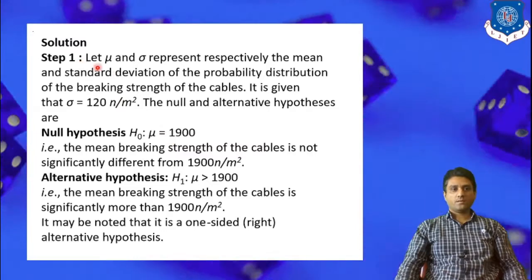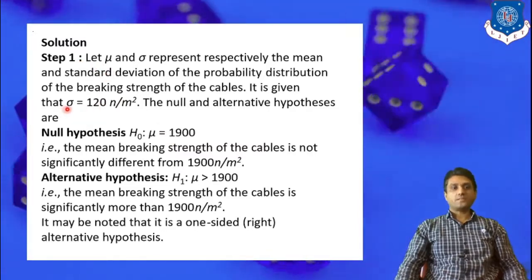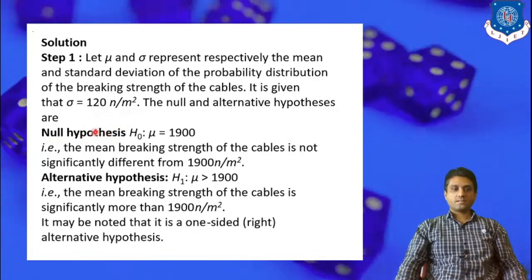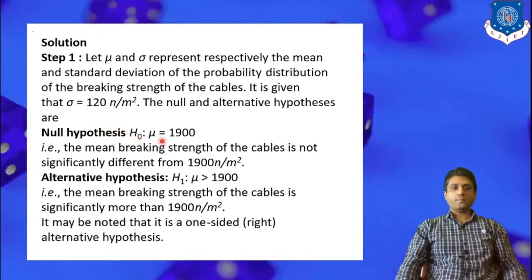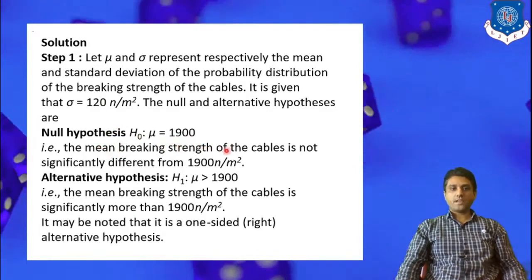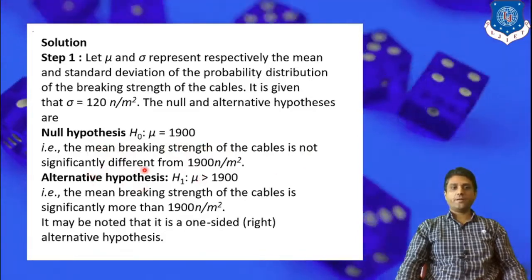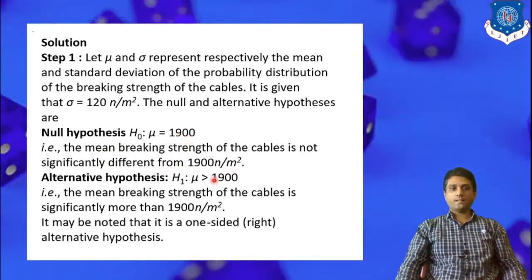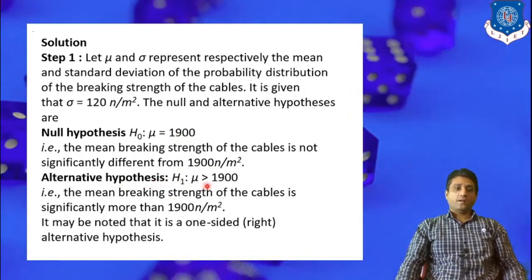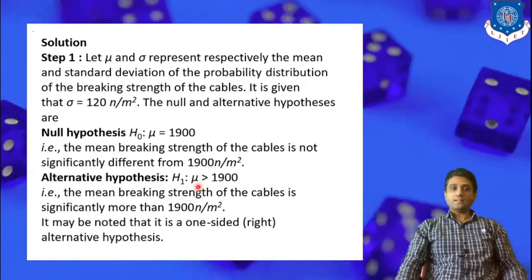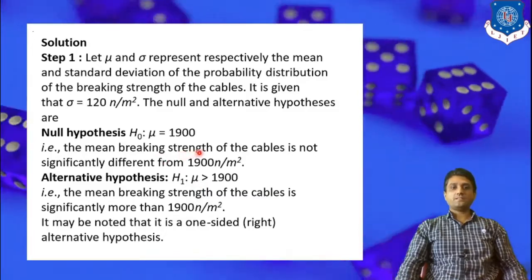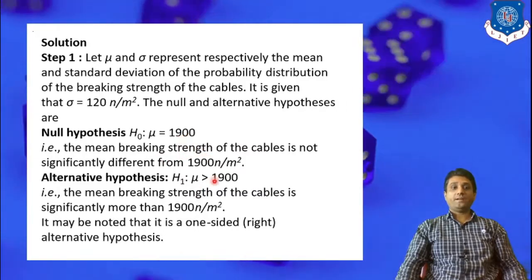Here the standard deviation is 120 Newton per meter square. The null hypothesis is that the mean breaking strength of the cable is not significantly different from whatever they tell, that is 1900 Newton per meter square. For the alternative hypothesis, remember they tell that when they developed some strategy, the breaking strength increased from 1900 to 1960.